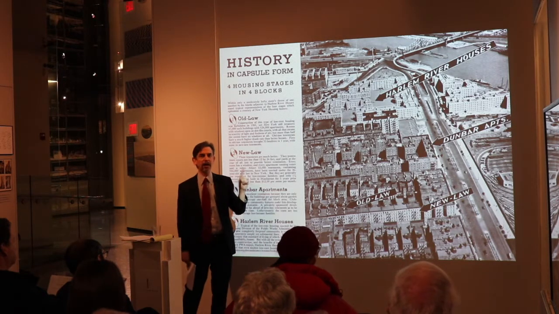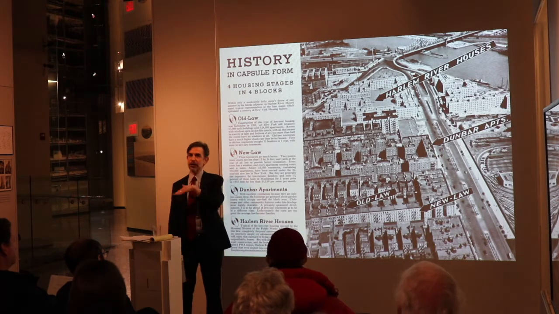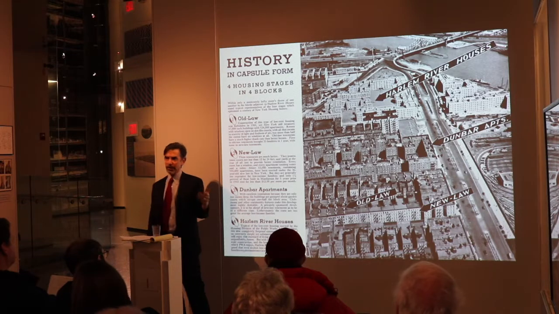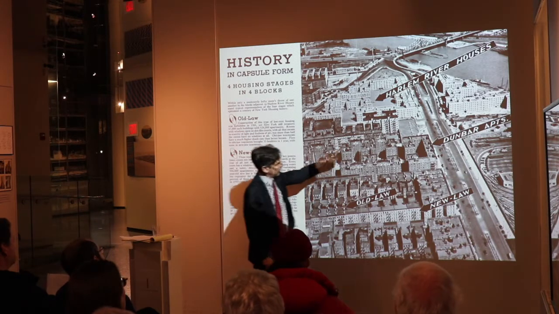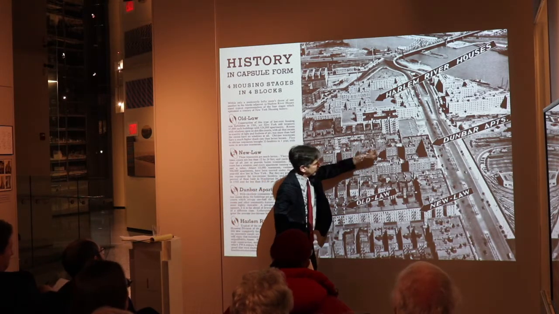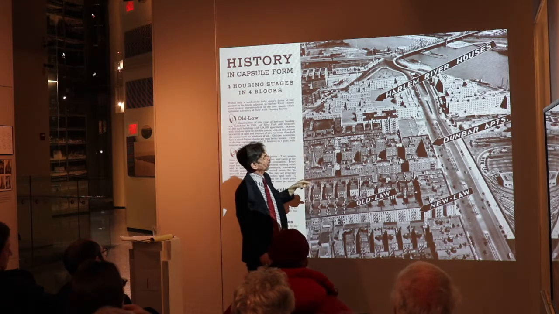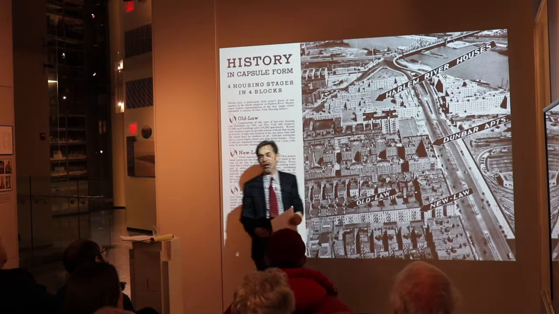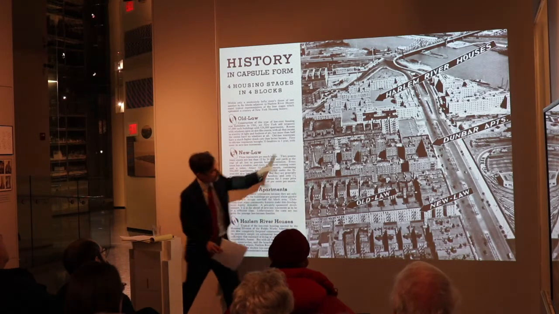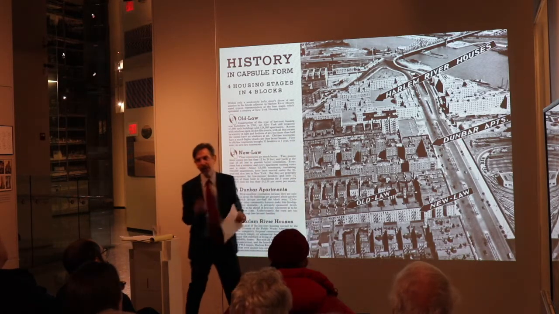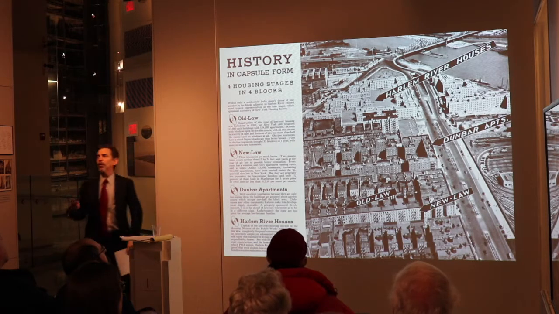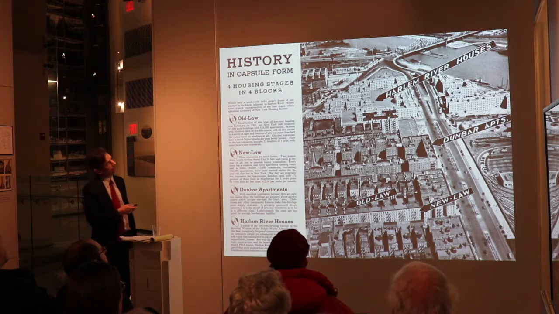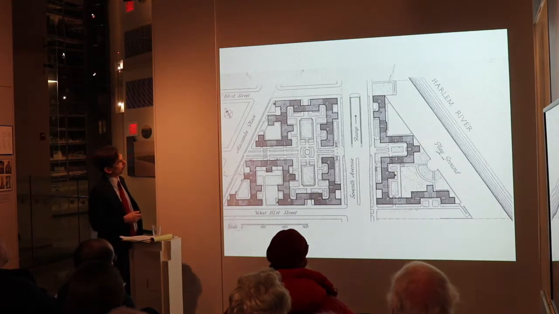It's sponsored by the Rockefeller family. This is pre-government involvement in housing, but this is beginning to show the direction that NYCHA will go in. But when NYCHA does it, the courtyards and the open areas become even larger. But this, I think, is just a wonderfully telescopic view of how housing develops in New York City.